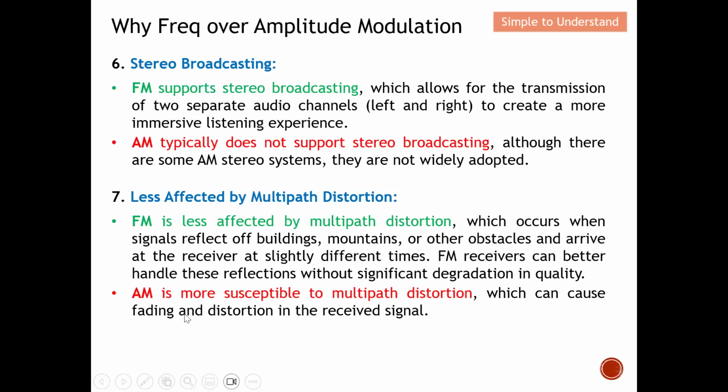However, AM is more susceptible to multipath distortion, which means they are very vulnerable to it. This can cause fading and also distortion in the received signal.